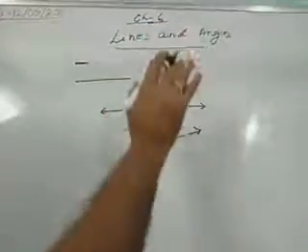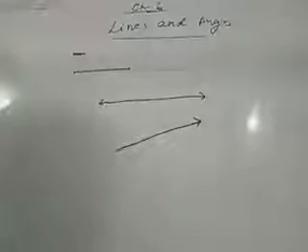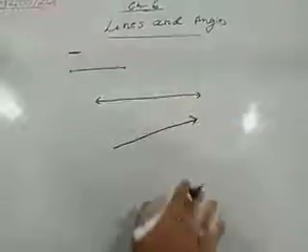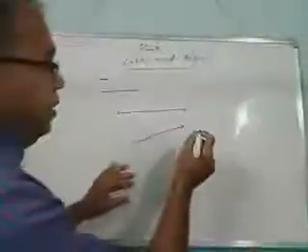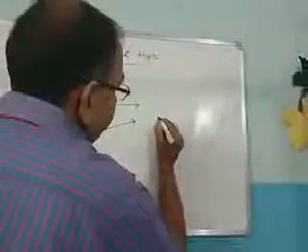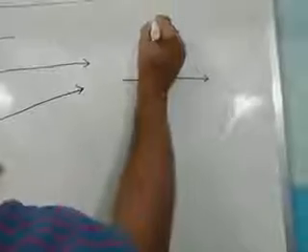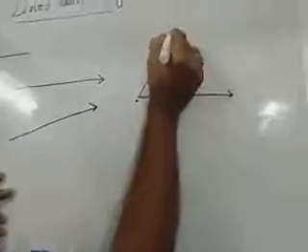Now angle, how many types? There are 11 types of angle which I have explained to you in standard 7 as well as in standard 8. Now what is an angle? This is a geometrical figure. You see, this is a ray, this is a ray, and this is another ray. Both rays meet at this point.